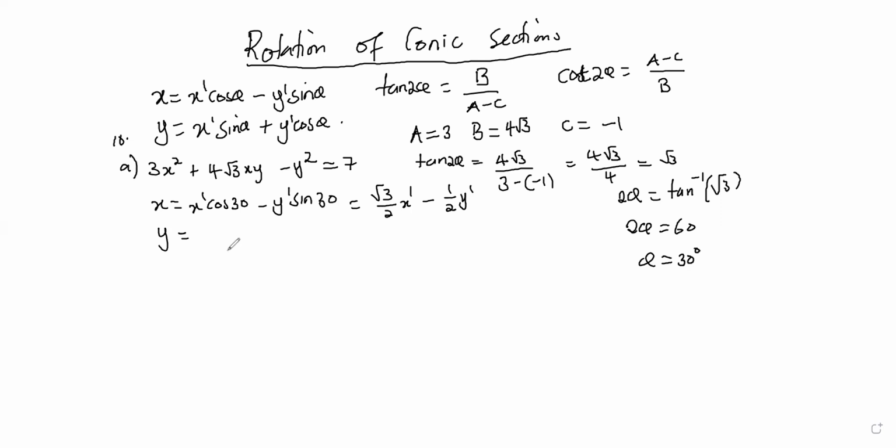I'm trying to remember the special angles. So here we have this, cos 30, which is half x prime plus root 3 over 2 y prime.